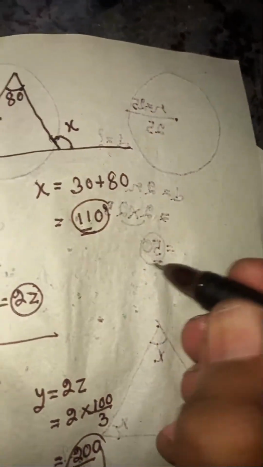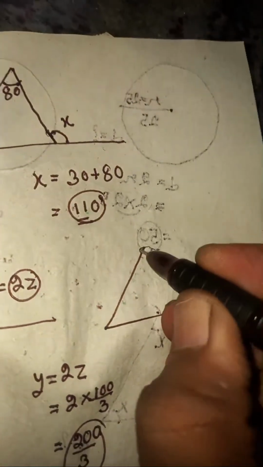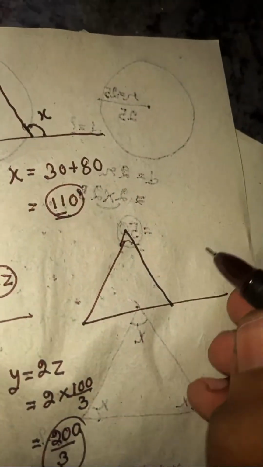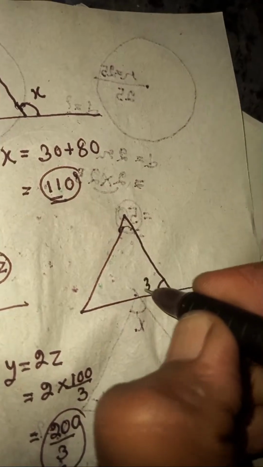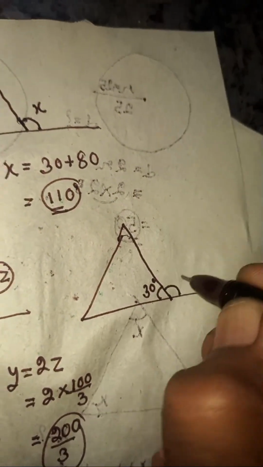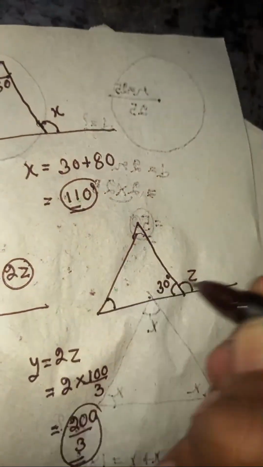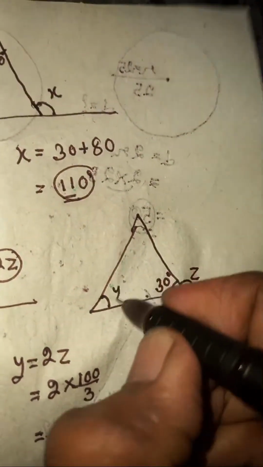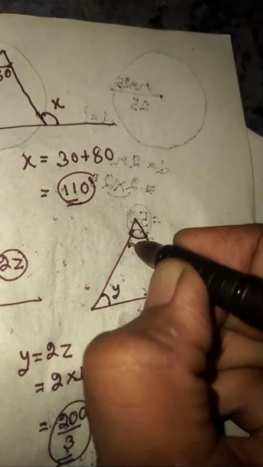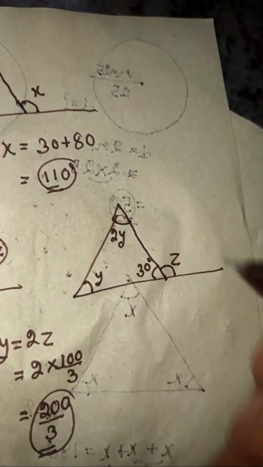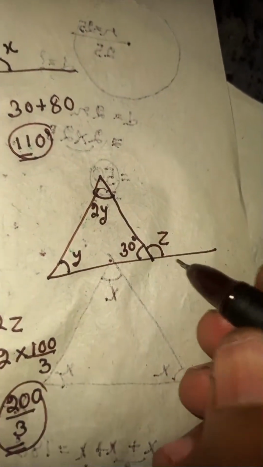You can take even one more problem like that, and there they have given that this angle equals 30 degrees, this angle is z, and this angle they have given us as y and this angle as 2y. You can find all of those angles if you do it by plan.